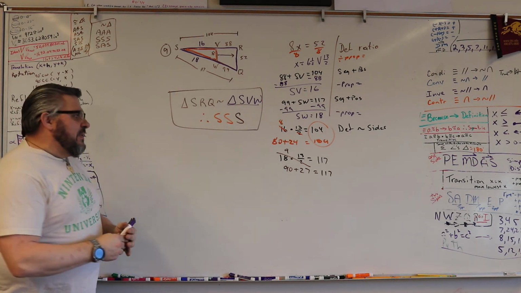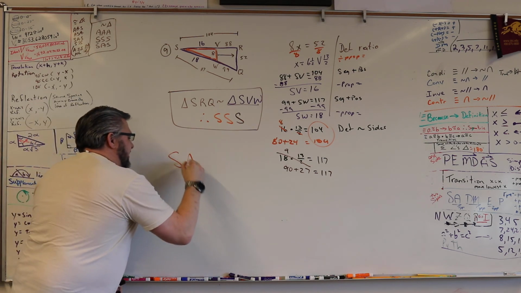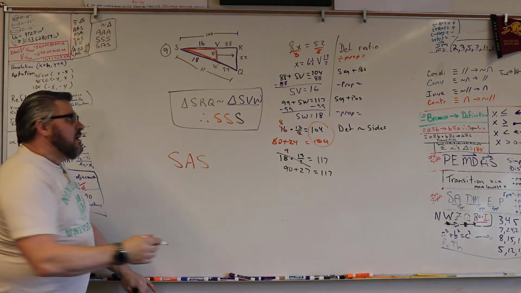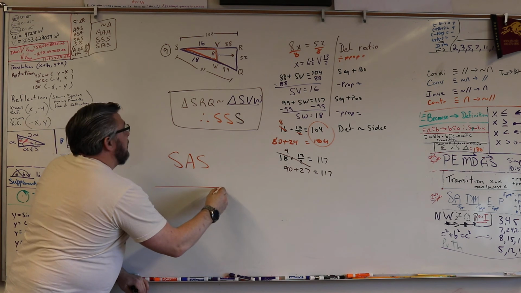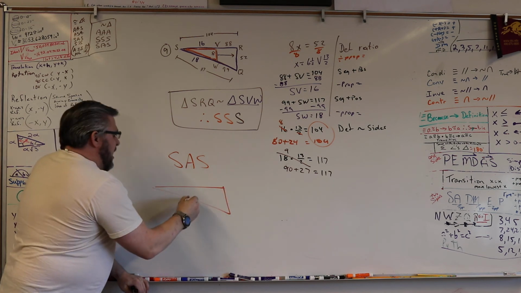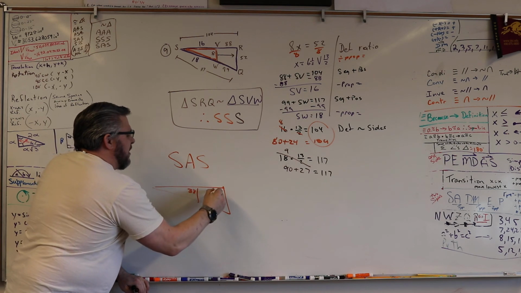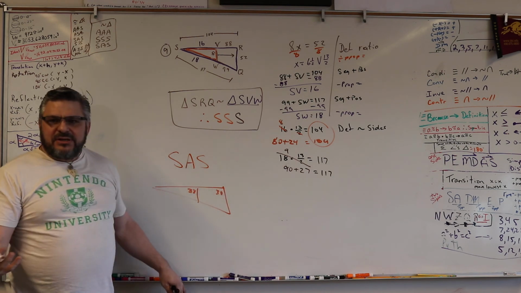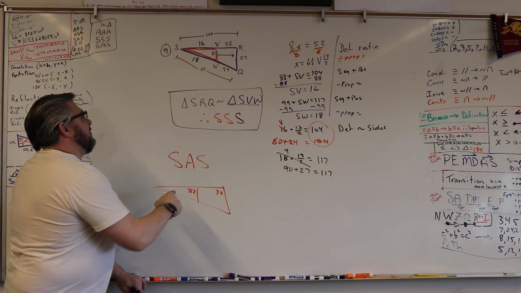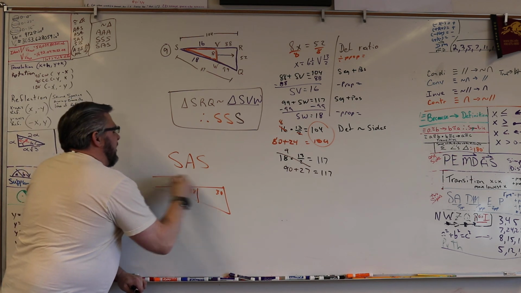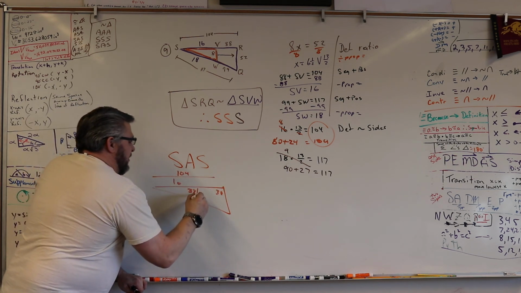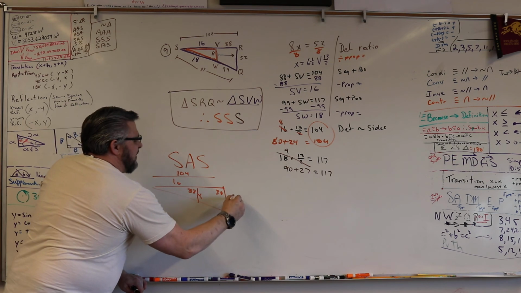Now, like I said before, if I was working with SAS, then I could have done this same problem if I knew that this angle was, say, 38, and this angle was 38. You see what I'm saying? And I found that this was 16, and this was 104, and this was 8, and this was 52.